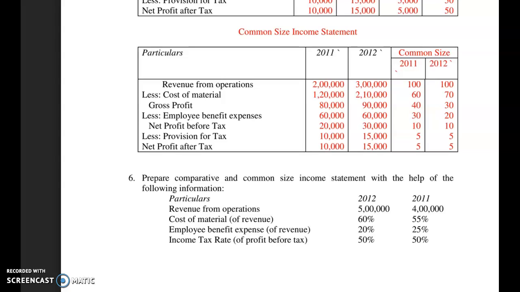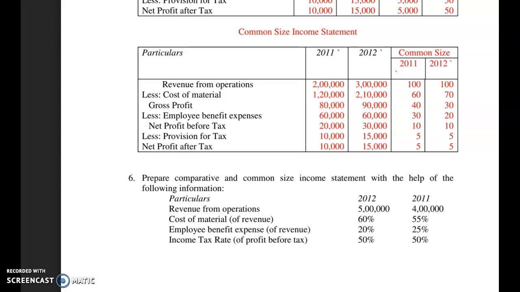So dear students, in this important topic we learned how to prepare the comparative financial statements: the comparative balance sheet or position statement, the comparative profit and loss or income statement, and also the common size balance sheet and common size income statement.